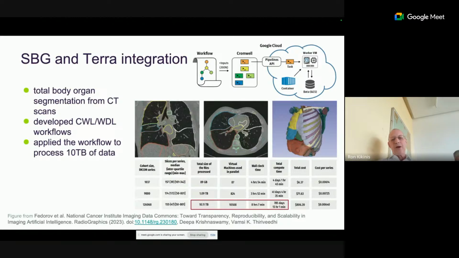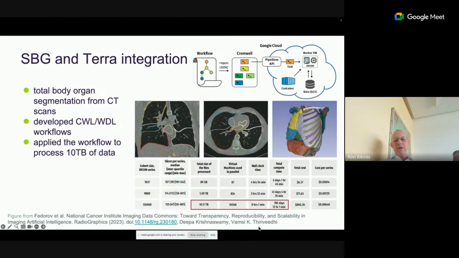However, if you do it right, and this is an experiment that one of Andrey Fedorov's people, Vamsi, and postdoc Deepa have done on the topic, they ran the TotalSegmentator on 120 plus thousand CT scans on a cloud resource.